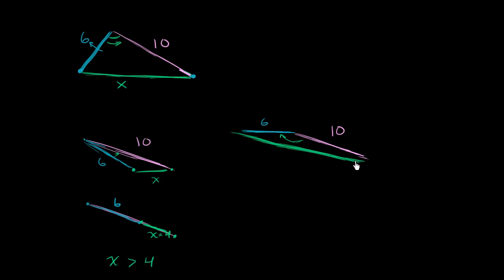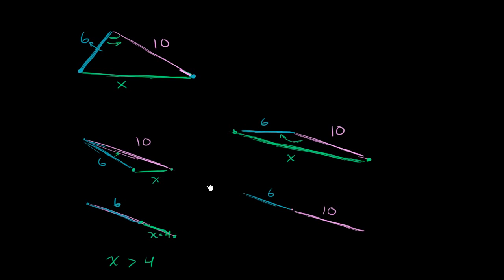So let me draw the side of length x. Try to draw it straight. So we're trying to maximize the difference between that point and that point. So this is side of length x. And let's go all the way to the degenerate case. At the degenerate case, at 180 degrees, the side of length 6 forms a straight line with the side of length 10. And this is how you can get this point and that point as far apart as possible.